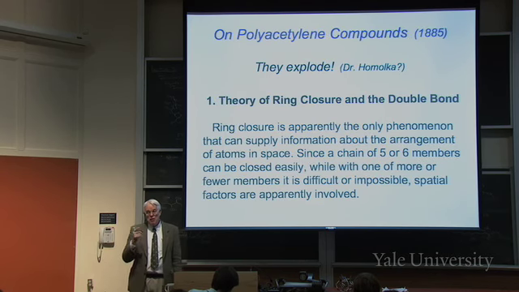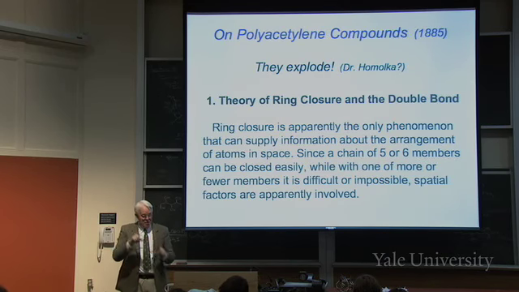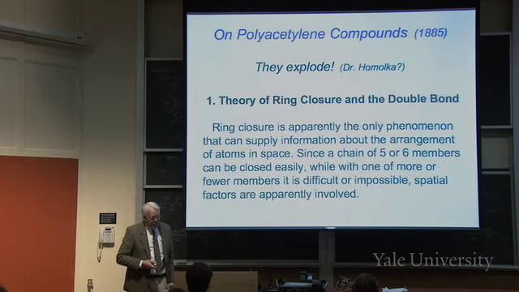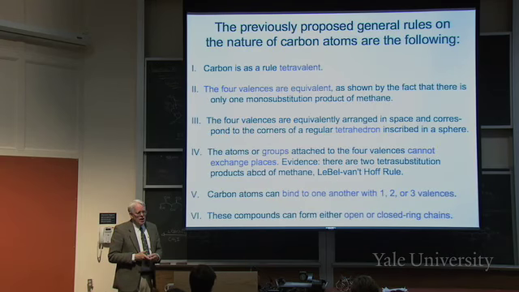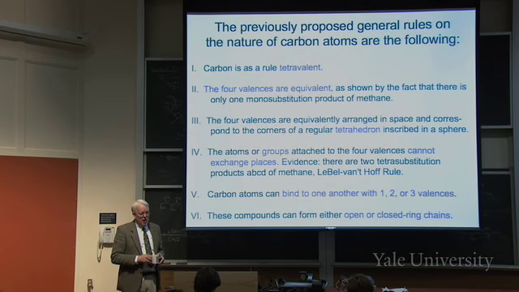Remember maleic and fumaric acid? One was cis and one was trans, and the one that was cis could lose water to form a ring, right? So that was what he's referring to here. Okay, so then he goes on to say there's a website you can click on to see this. The previously proposed general rules on the nature of carbon atoms are the following. 1, carbon is tetravalent.